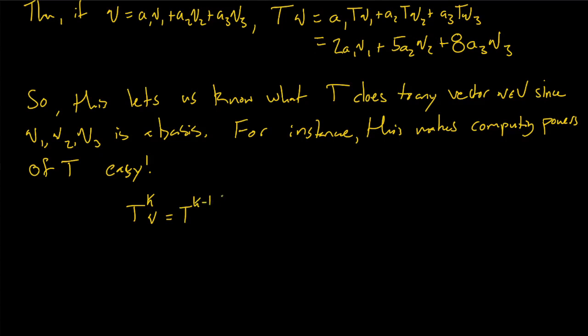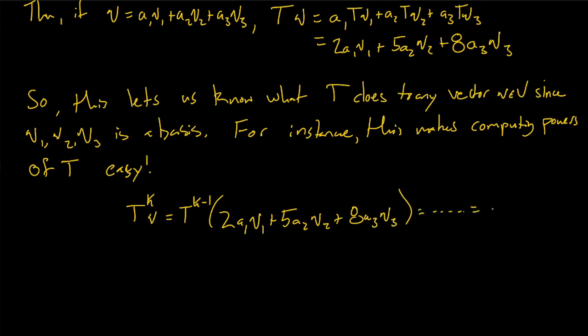T to the K minus 1 of, well, we know what T does to V. It's 2A1 V1 plus 5A2 V2 plus 8A3 V3. And then that is equal to dot dot dot all the way down through.